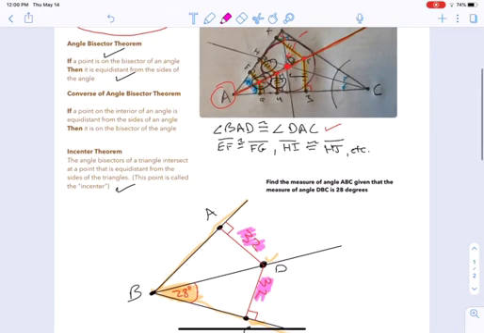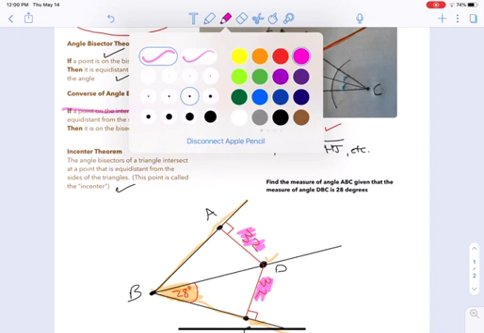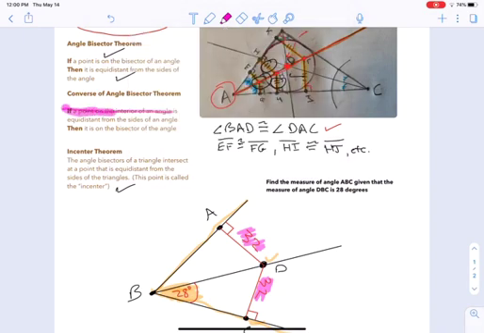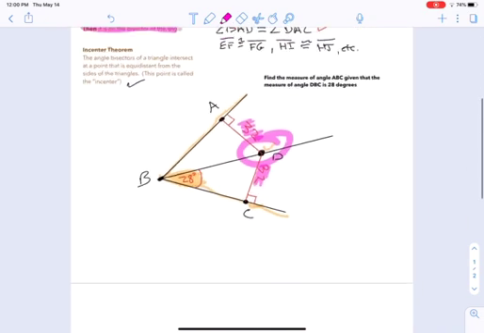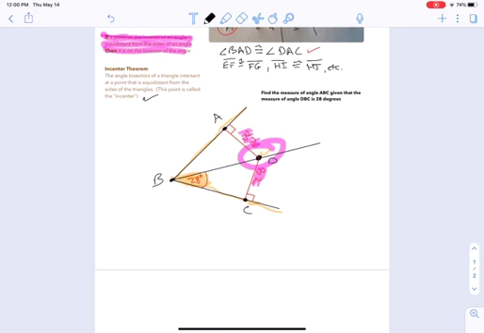And then we know that if a point on the interior of an angle is equidistant from the sides of the angle, and that's true about point D, then it's on the bisector of the angle, which means that this angle here, angle BAD, it's got to be also 28 degrees, which means in turn that this whole angle, ABC, is 28 plus 28.